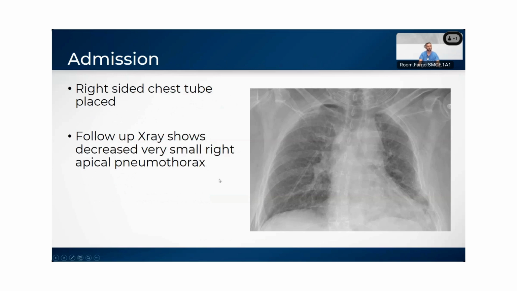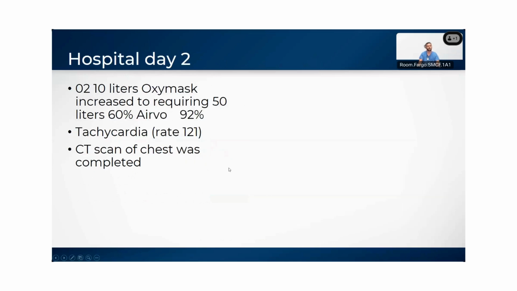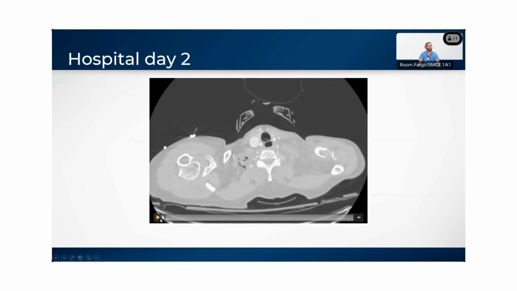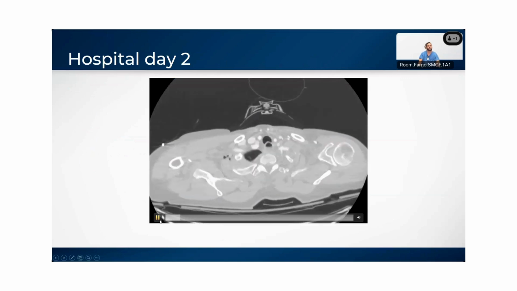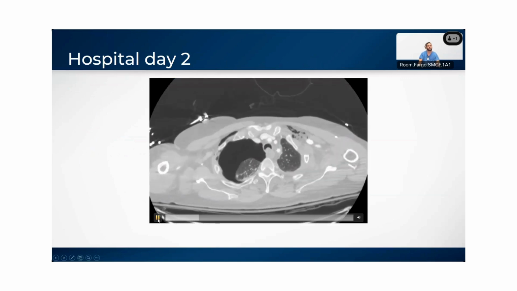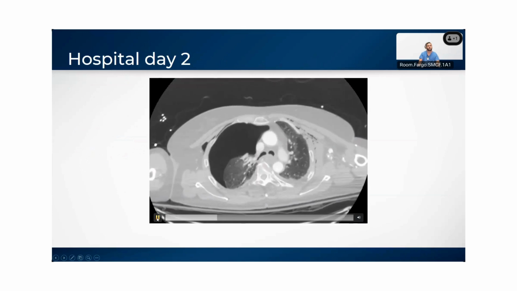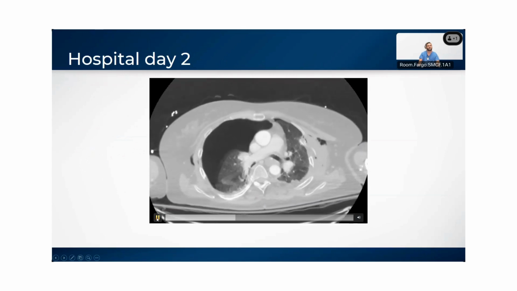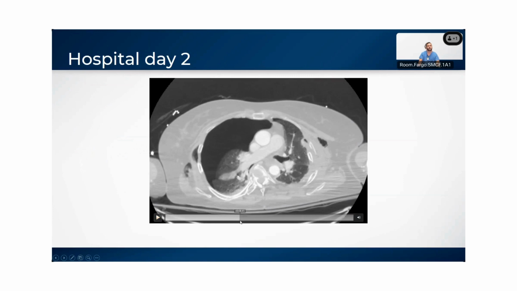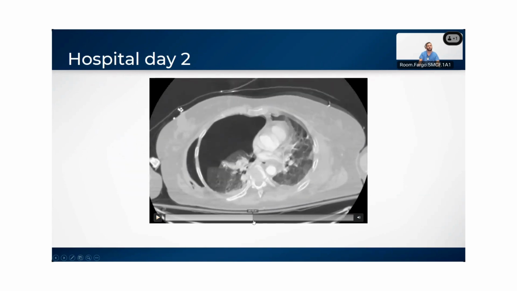Hospital day 2, patient's oxygen increased to requiring 50 liters at 60% to maintain saturations of 92, tachycardia up to 121. So a CT of the chest was completed. We can stop here and see that patient has a very large pneumothorax.